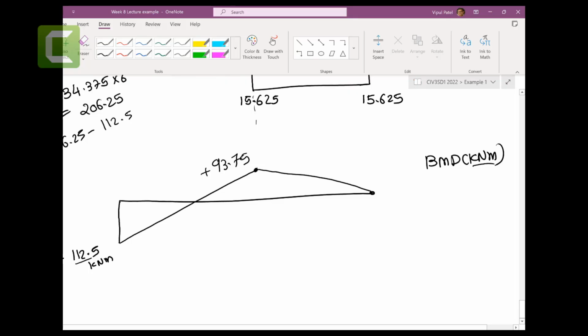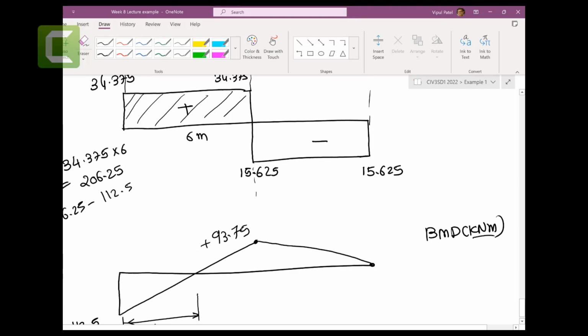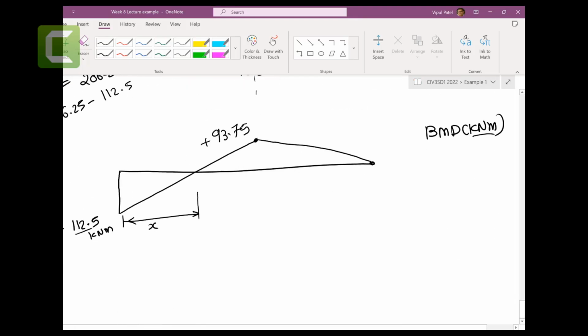Now you might need to find this distance x. The slope of the line, you can find it by taking 93.75 take away 112.5 over 0 take away 6.